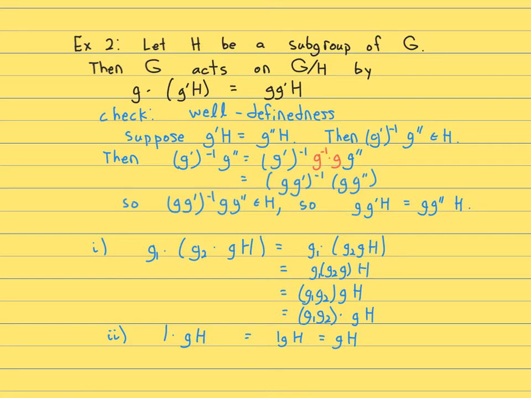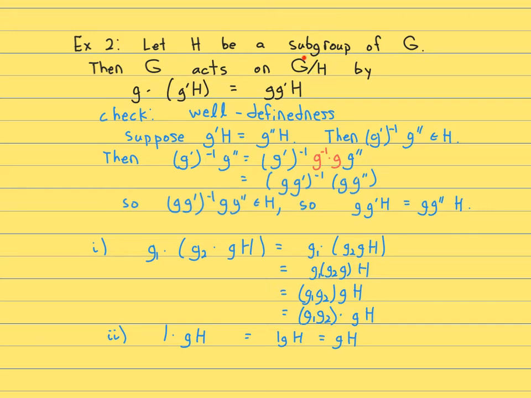Often there's another common group action called the left regular action, but I like to talk about a generalization of it that gives us an excuse to remind ourselves about cosets. Let H be a subgroup of G. Then it turns out that G actually acts on the coset space.